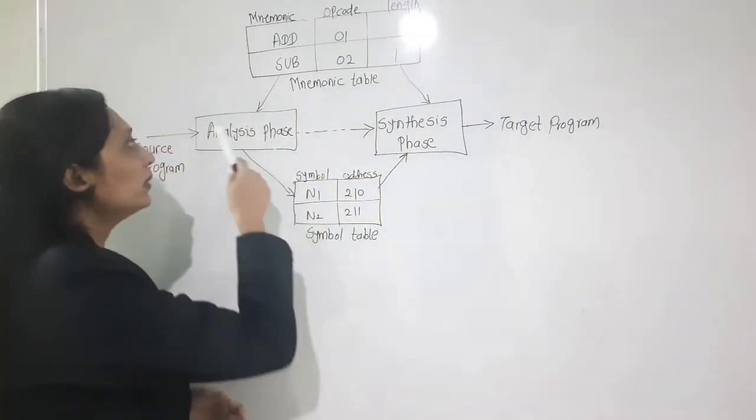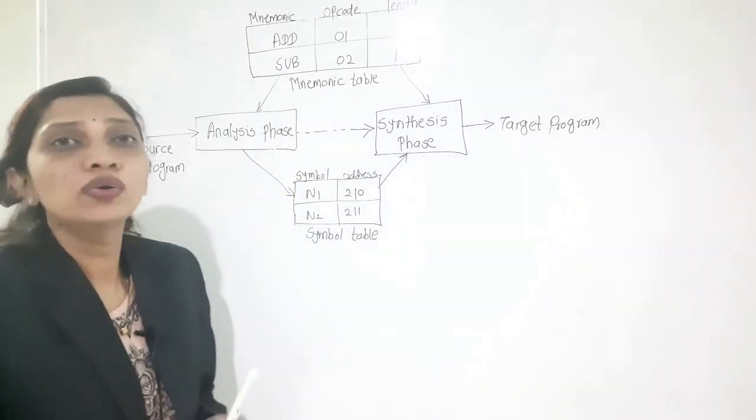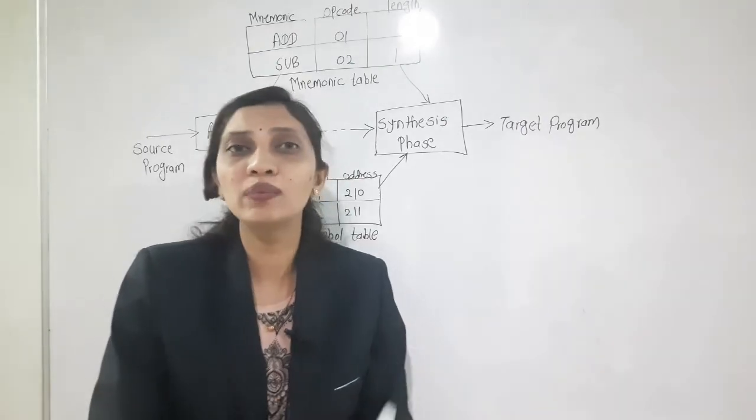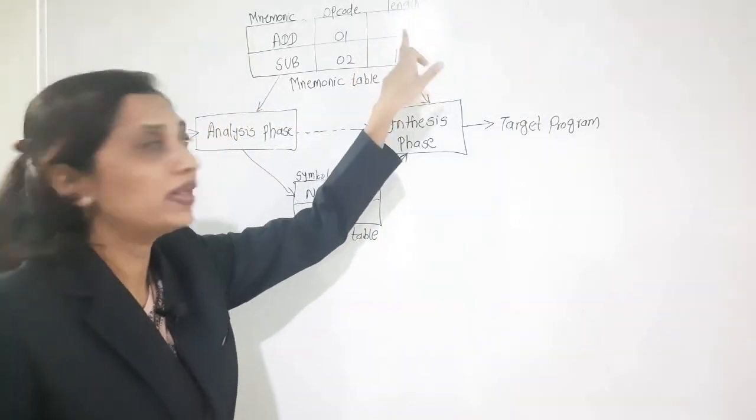During the analysis phase, the mnemonic table is used to determine how much memory is required to store a particular statement, by finding the length of that statement.